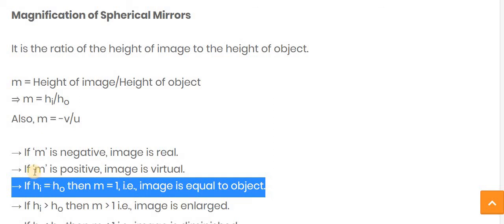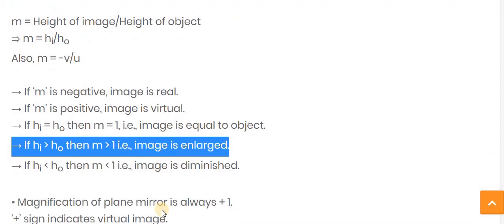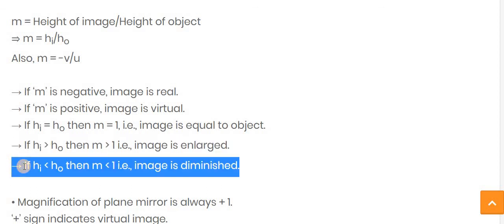So if hi is equal to ho, then m is equal to 1 and the image is equal to the object. The next one: if hi is greater than ho, then m is greater than 1, meaning the image is enlarged. The last one: if ho is greater than hi, then m is less than 1.